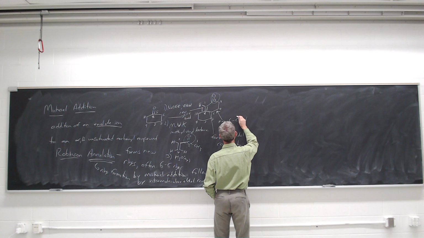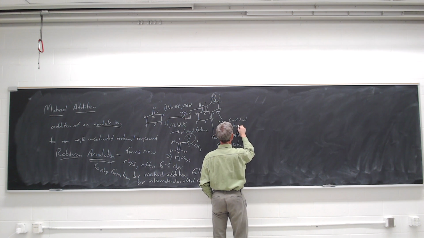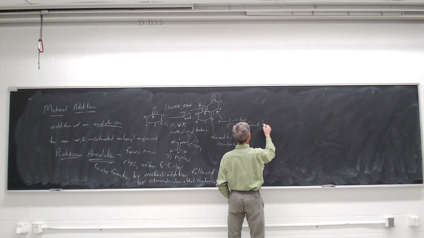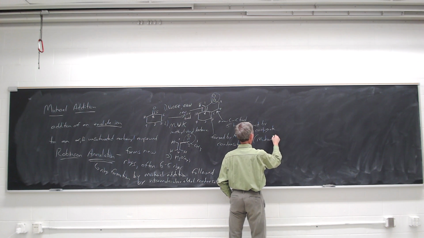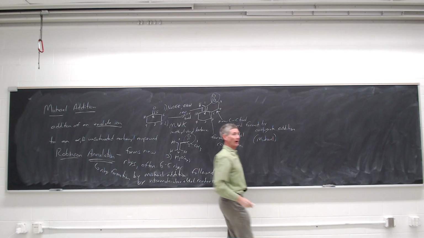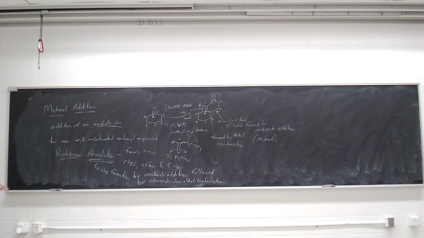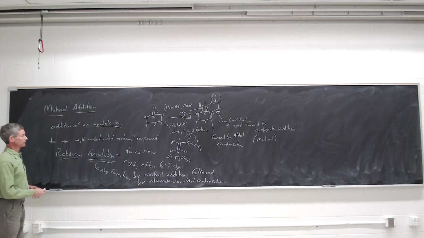And this carbon-carbon sigma bond is formed by conjugate addition. And the conjugate addition of the enolate ion to an alpha beta unsaturated carbonyl has a special name, Michael addition.